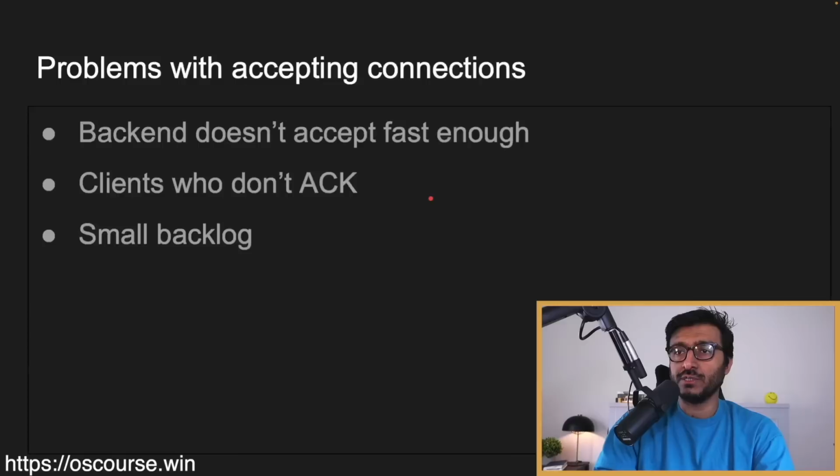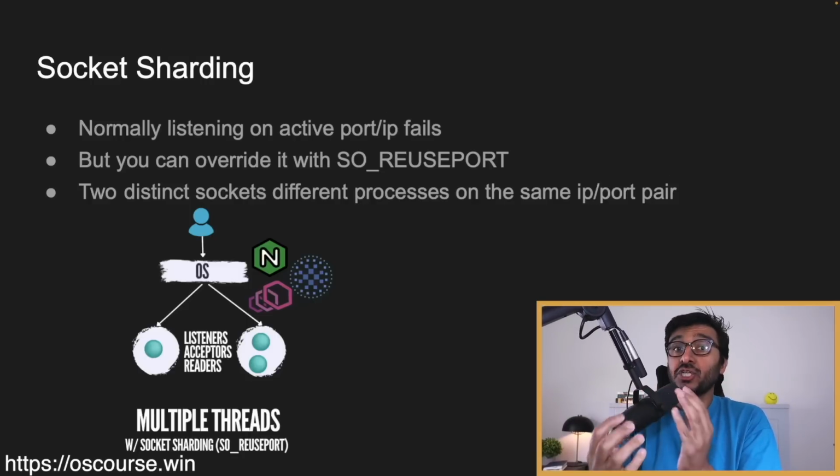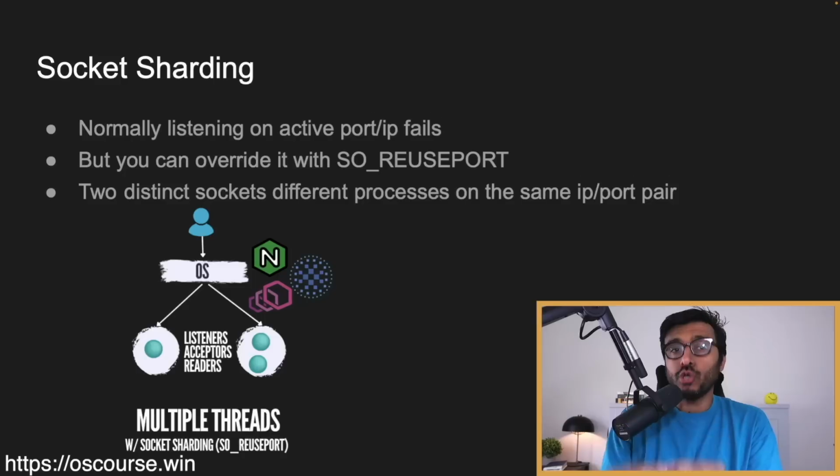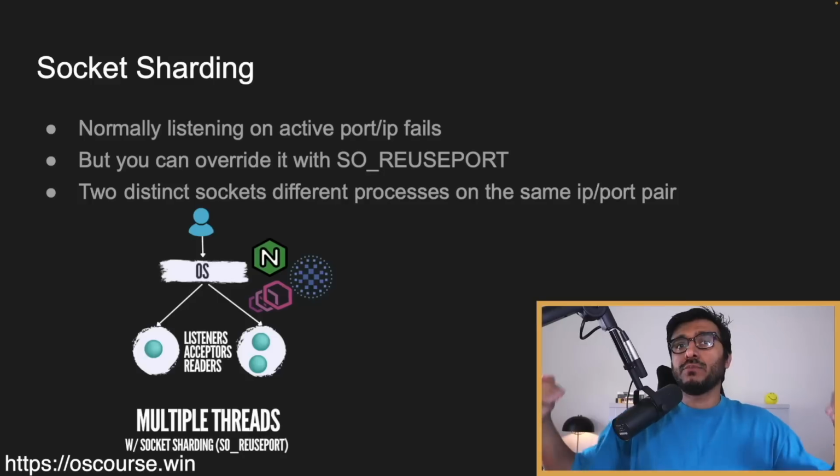Beautiful stuff, you guys. Let's talk about socket sharding. There are two different approaches to this, and this is the second one, which is literally getting a distinct socket on the same port. So we have two processes that are not talking to each other, yet listening on the same socket.